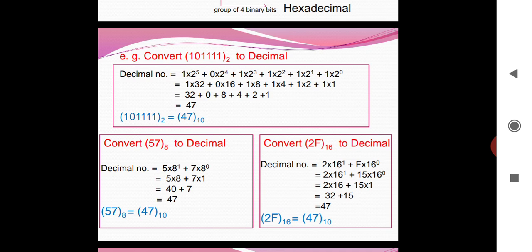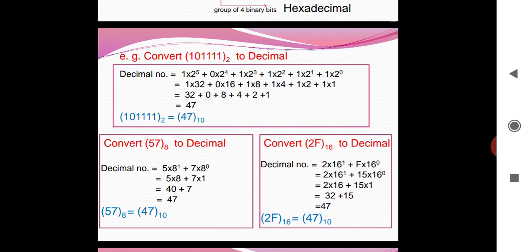So according to the formula, decimal number is equal to bit 0 multiplied by r raised to 0 plus bit 1 into r raised to 1. So here F into 16 raised to 0 plus 2 into 16 raised to 1. So what do you mean by F? F means 15 in decimal.